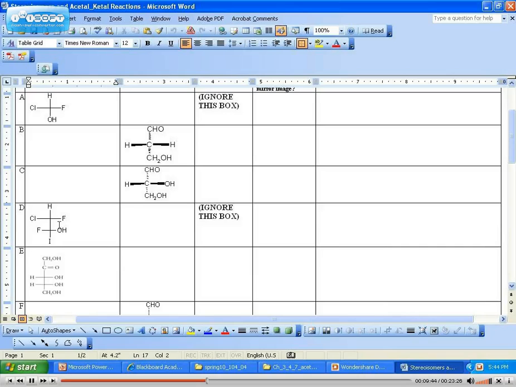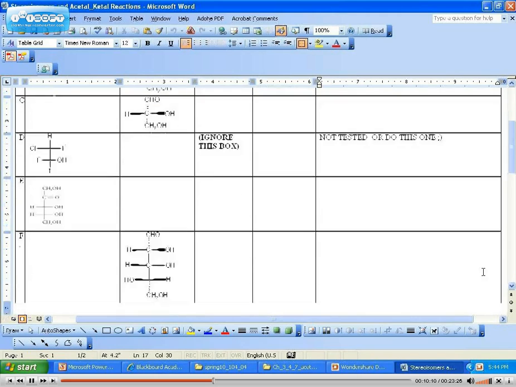Also notice there is no carbonyl on there, so it's not a biomolecule that we've talked about, such as sugar. So if you're watching this, which you should be, you can ignore this particular row. We won't be tested on this one, and you won't have to do this one. So less work for you to do, provided you've watched this commentary.